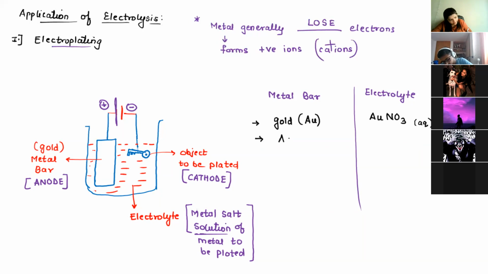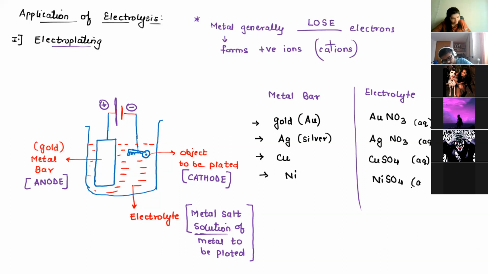If you are using silver, it should be silver nitrate. If you are using copper, you have to use copper sulfate, aqueous. If you are using nickel, nickel sulfate. So these are some of the common metals which are used, and on the adjacent side is the corresponding electrolyte which needs to be used.